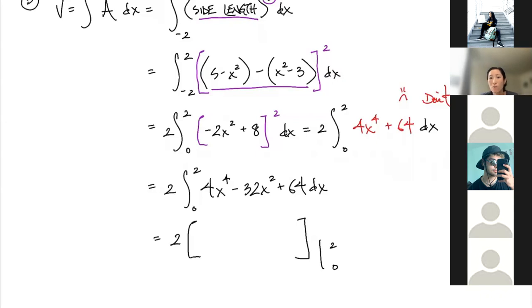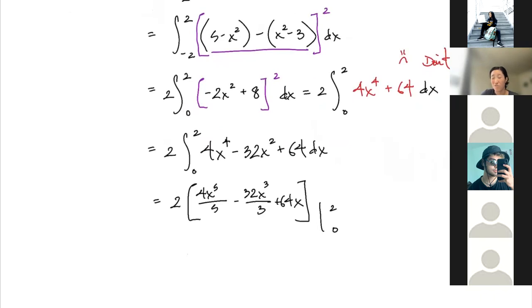Right, let's see, 4x to the 5th over 5 minus 32x cubed over 3 plus 64x. Good. So 4x to the 5th over 5 minus 32x cubed over 3 plus 64x.